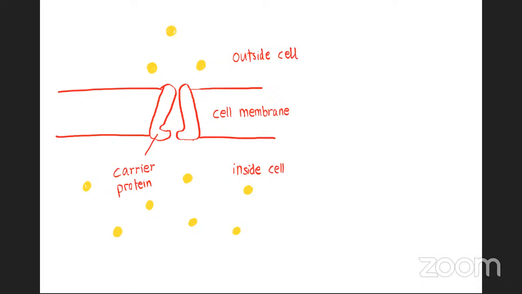But instead of diffusing, they will get transported by active transport. To enter the cell from outside, they cannot simply pass through, so they rely on the carrier proteins. The ions combine with the carrier proteins.